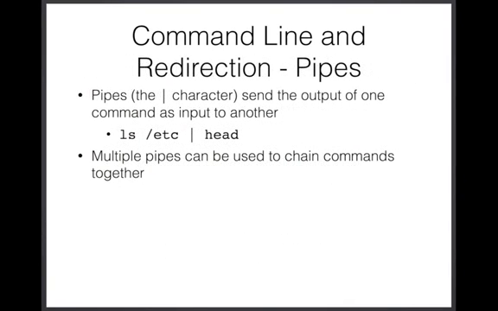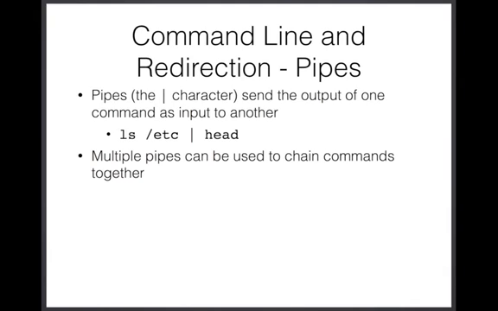And then the other redirection method is the pipe, and instead of directing to a file, the pipe sets up a pipeline. You can imagine one command and then a pipe connecting to the second command. So the standard output of the first command becomes the standard input of the second command.